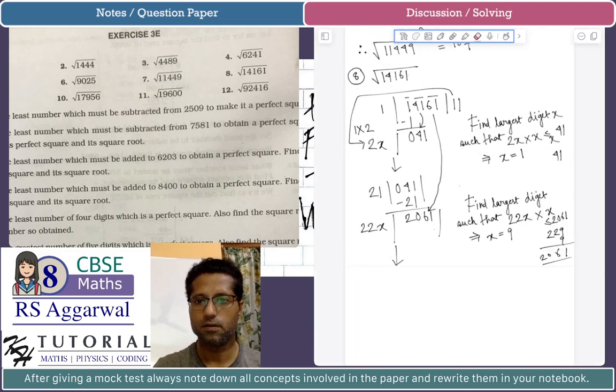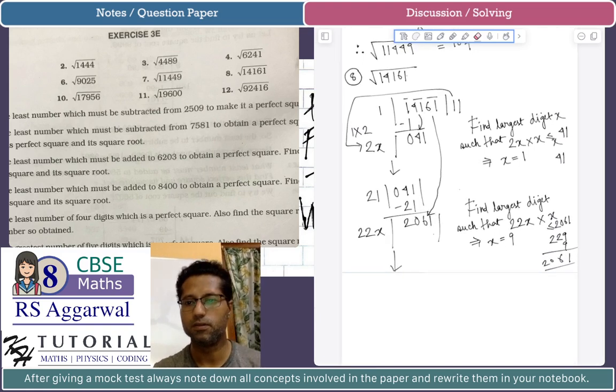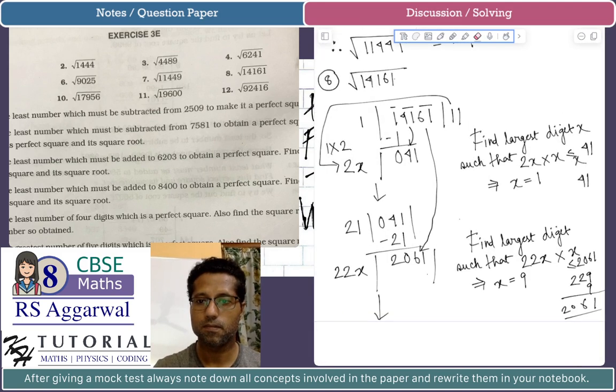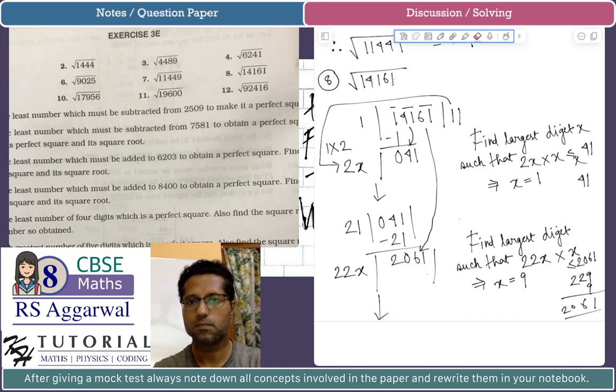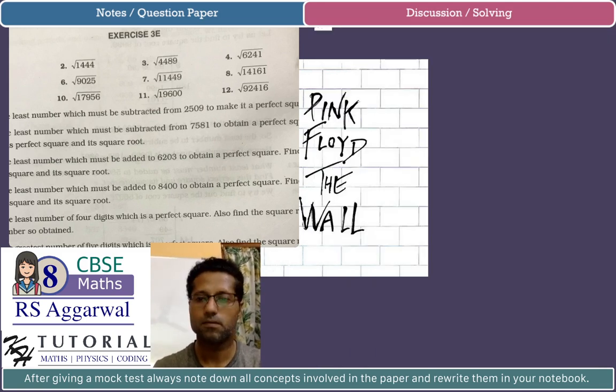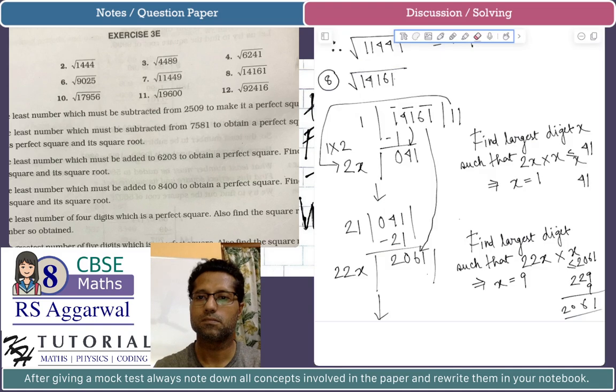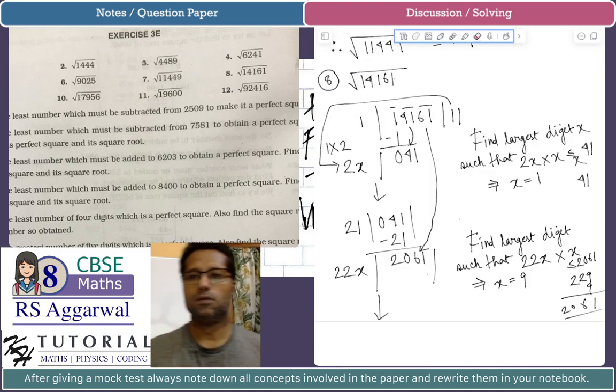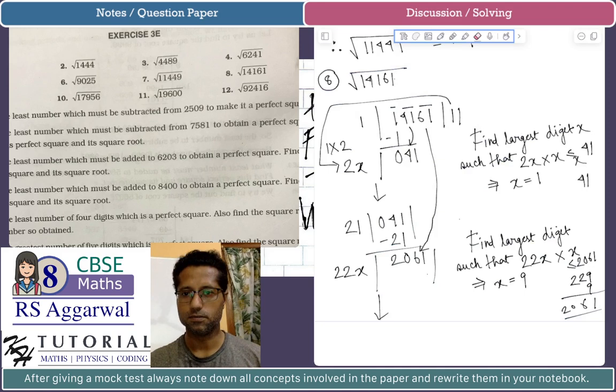One second, friend. I'm having some technical problem with the software where I'm writing. It's not scrolling up and down. What is wrong?